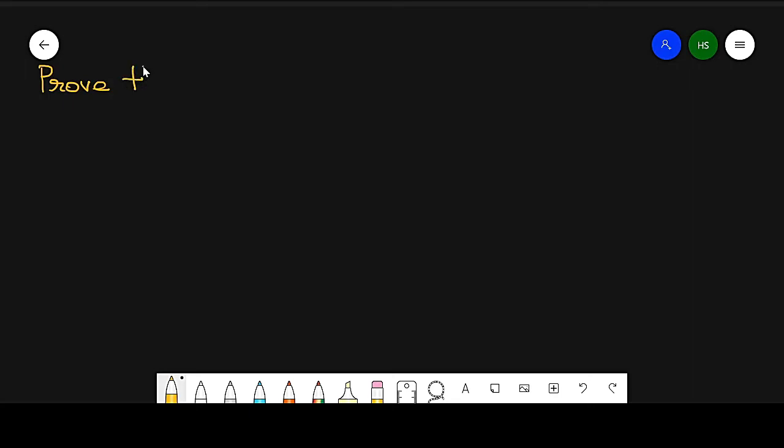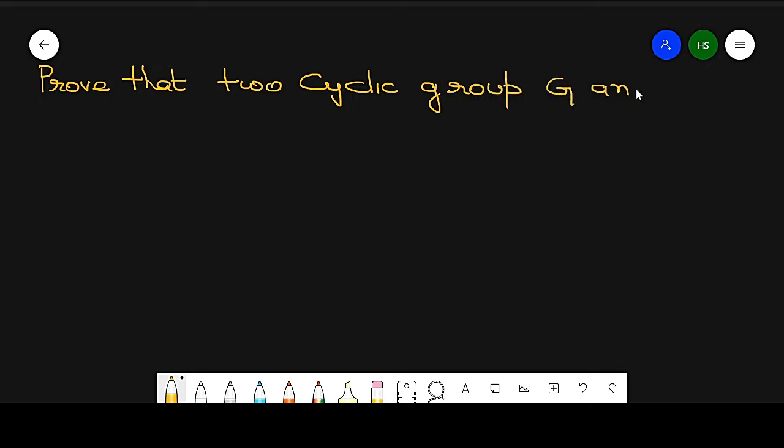Prove that two cyclic groups G and G dash are of the same order.